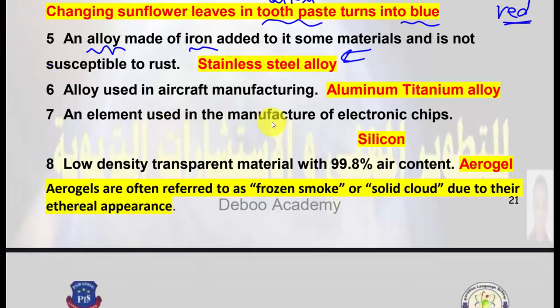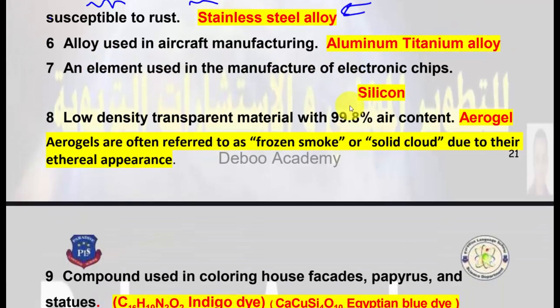An element used in manufacture of electronic chips, silicon. Low density transparent material with 99.8 percent air content, we call it aerogel. Aerogel is often referred to as frozen smoke or solid cloud due to its ethereal appearance.